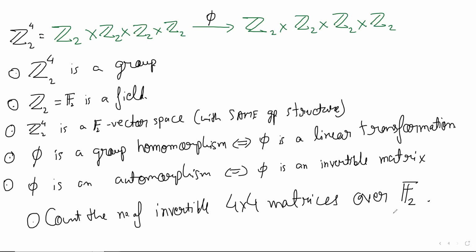This is the problem, right? And this is actually a very simple problem. You can just count it by hand. You just use the fact that it's invertible and the rows are linearly independent, and using that you can just count it.